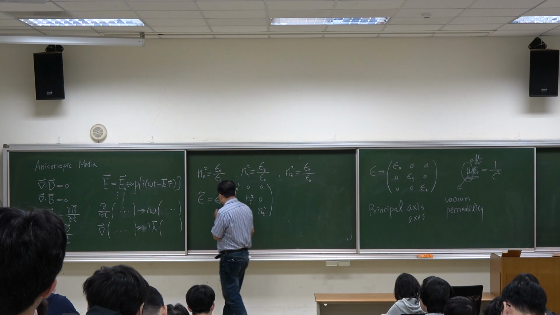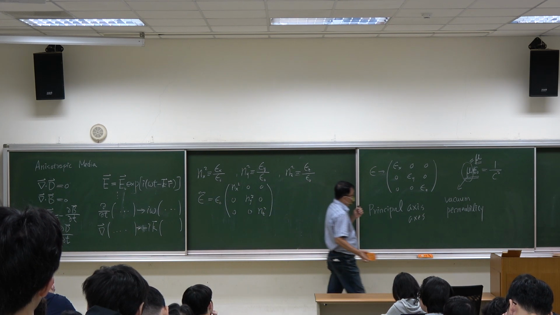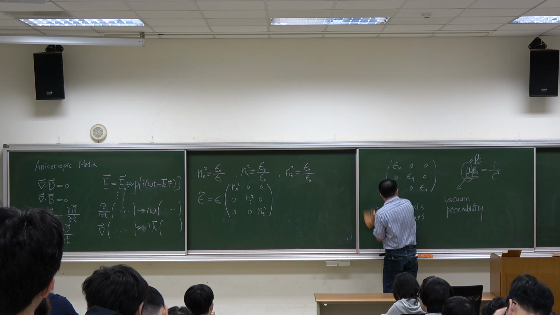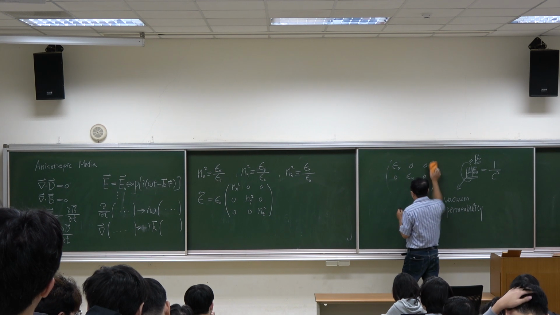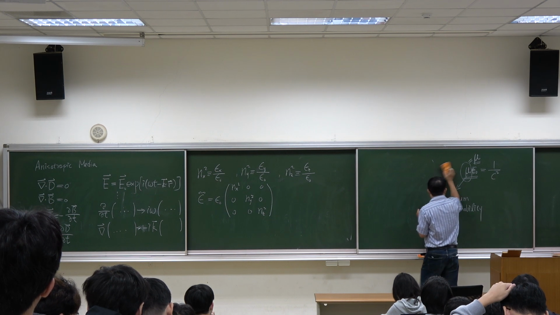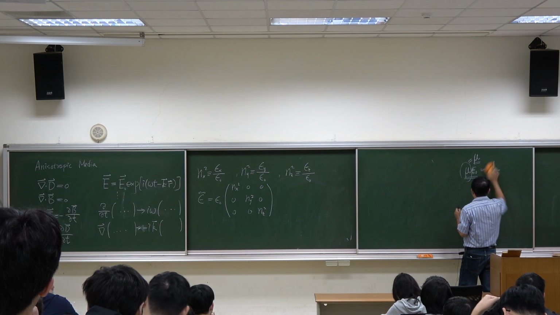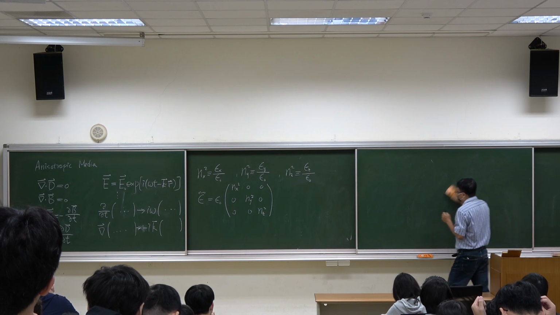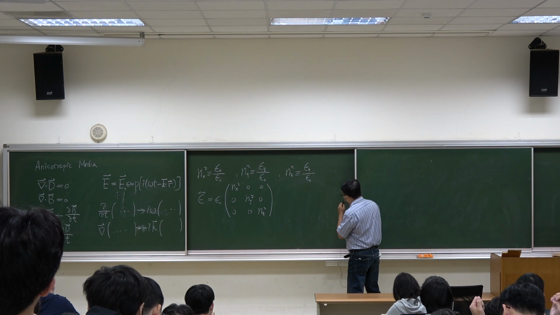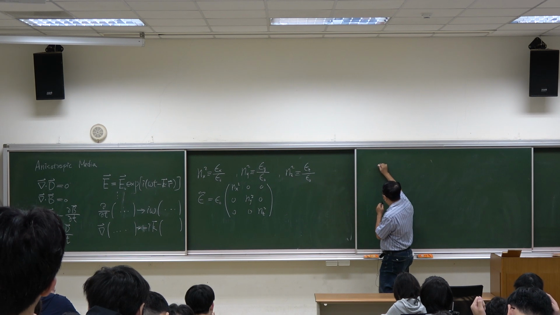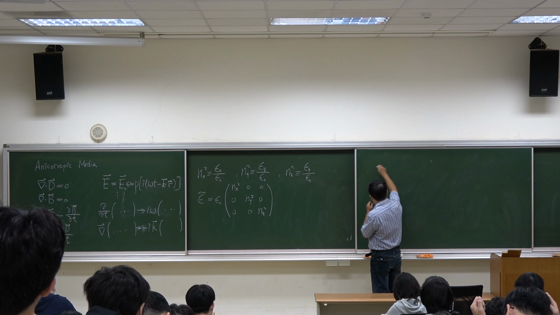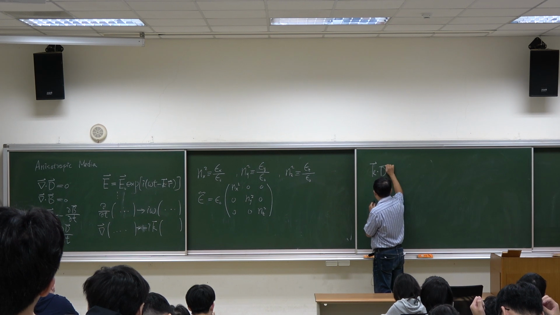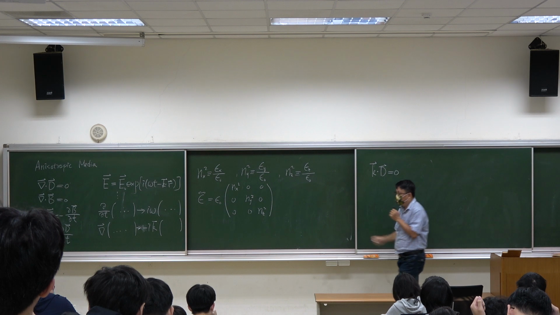Then the Maxwell equation tells us that the first equation tells us that K dot D is equal to 0.